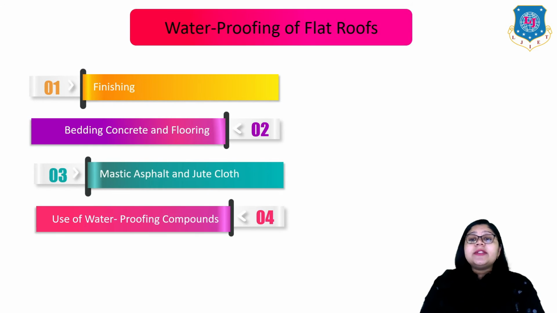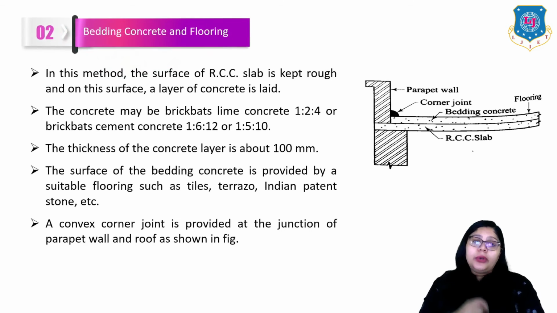Now the second one is the bedding concrete and the flooring. It means what? In this method, the surface of RCC slab is kept rough and on this surface a layer of concrete is laid as shown in this figure. So the concrete may be brick bed lime concrete of 1:2:4 or brick bed cement concrete of 1:6:12 or we can say 1:5:10.